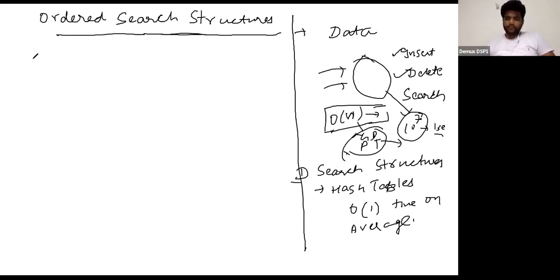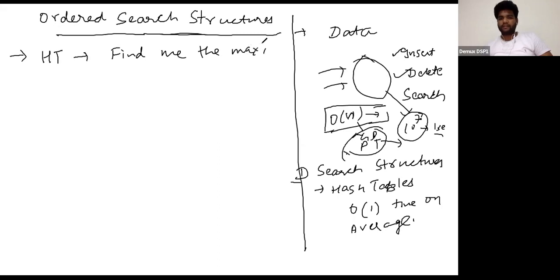Now, this is fine. What if I tell you that in this hash table, find me the minimum element or the maximum element? I don't know the exact value of the maximum element. I need to find that.